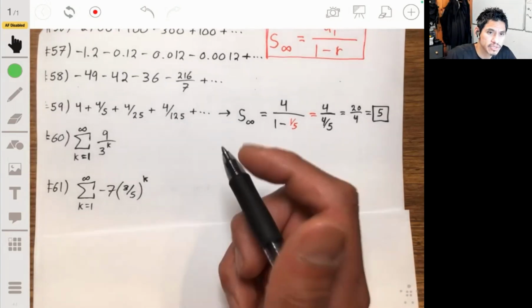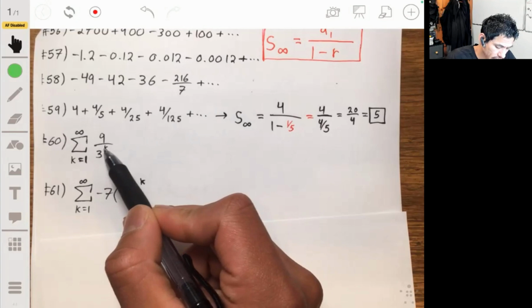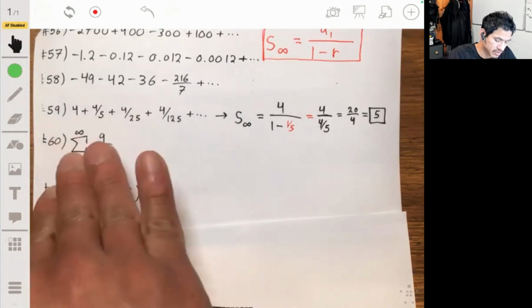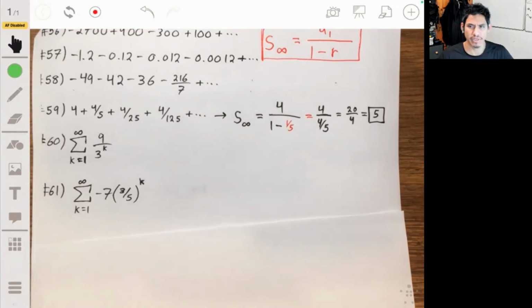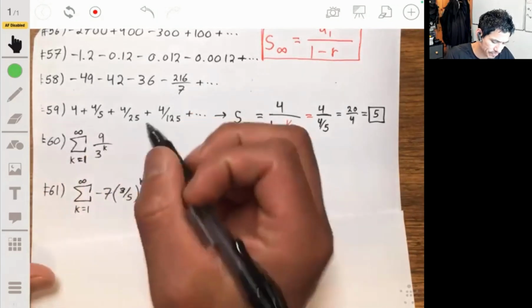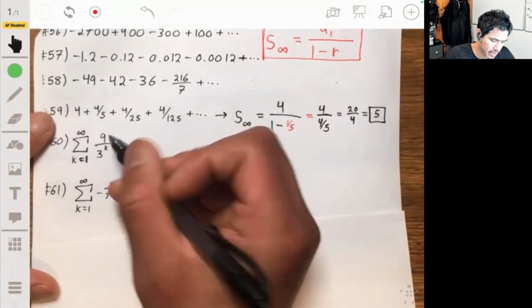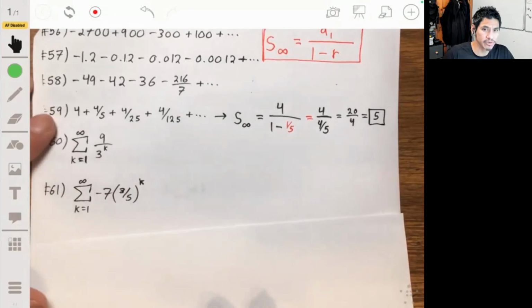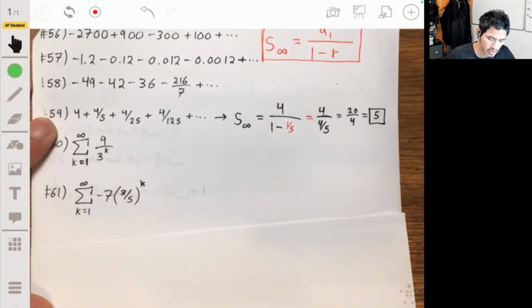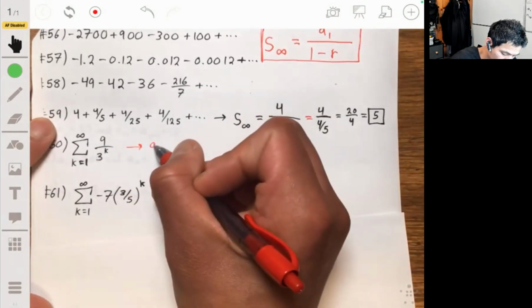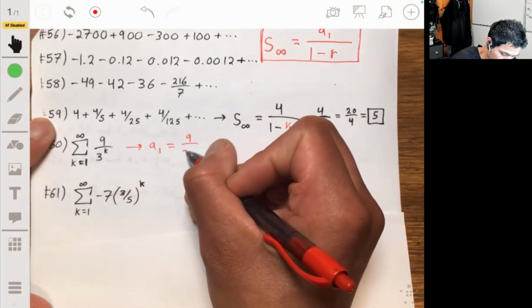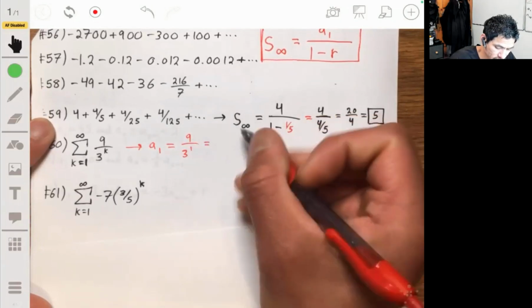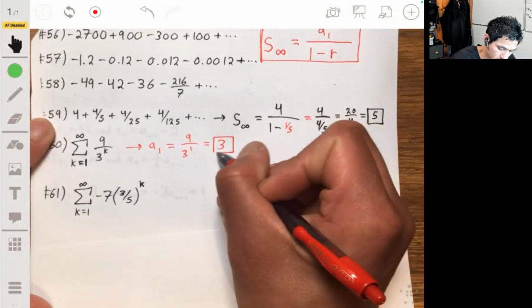All right, 60, we have 9 over 3 to the k. Now we have the series notation. My computer just glitched. Sorry about that. So then we want to find A1 like usual. We find A1 by plugging 1 into k. So we get 9 over 3 to the 1, which is just 9 over 3, which will be 3.